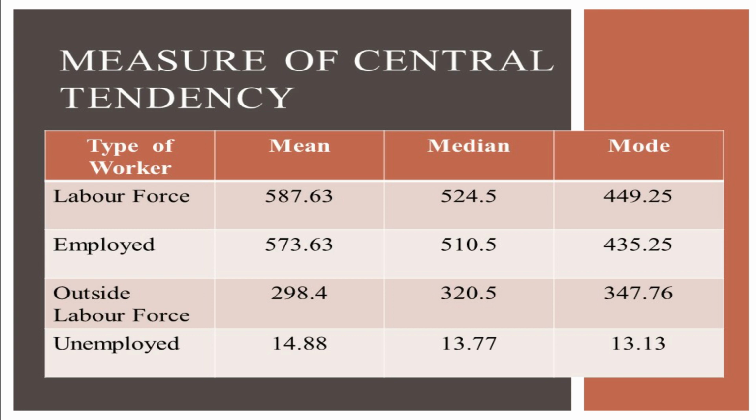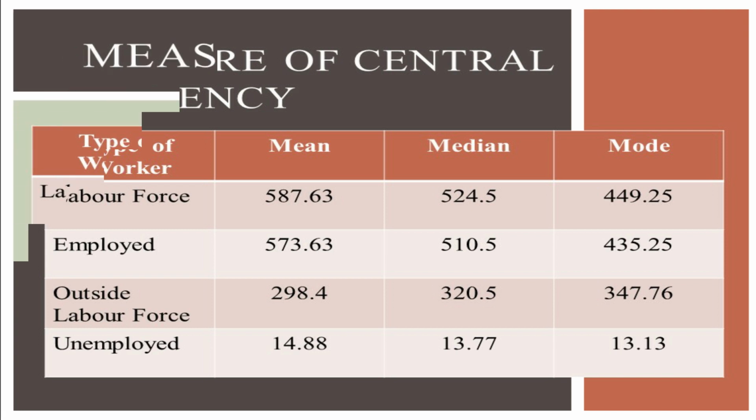For outside labor force is mean at 298.4, and median at 320.5, and mode at 347.76. For unemployed is mean at 14.88, and median at 13.77, and mode at 13.13.